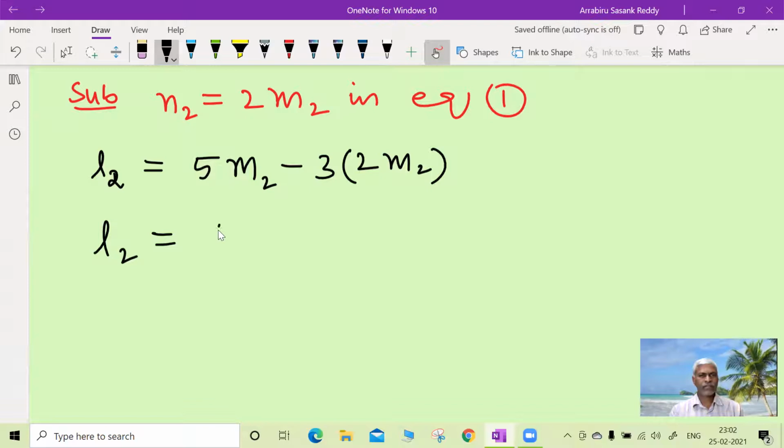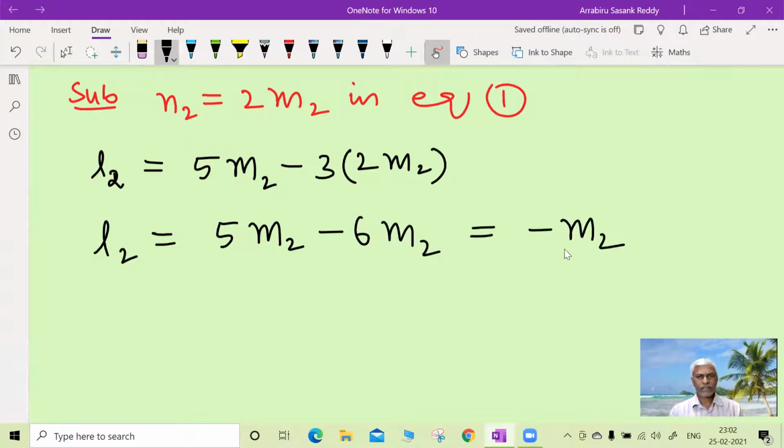l2 is equal to 5m2 minus 6m2, that is minus m2.